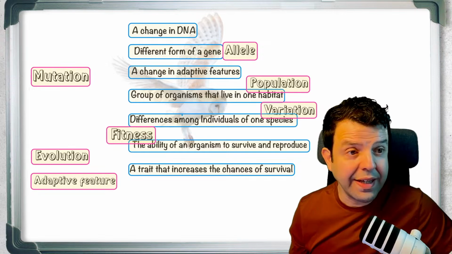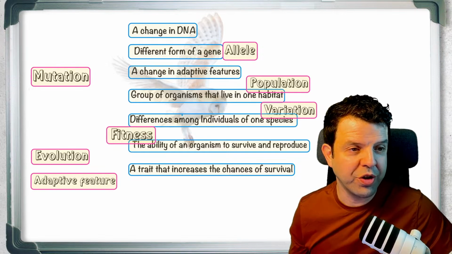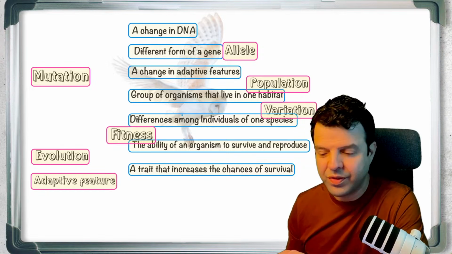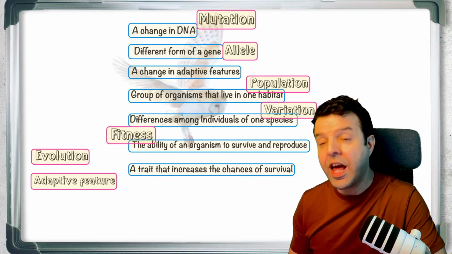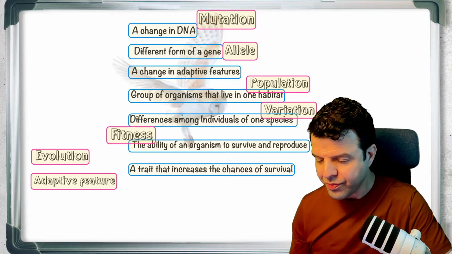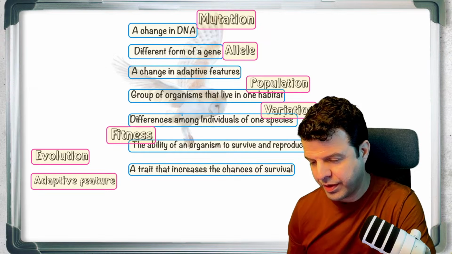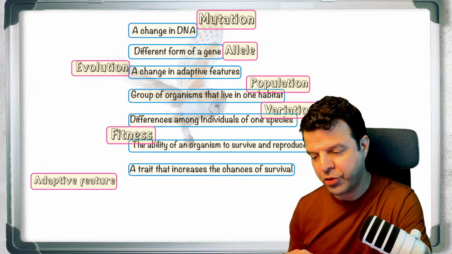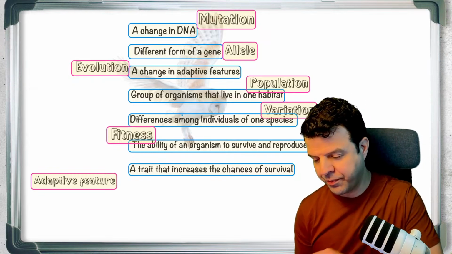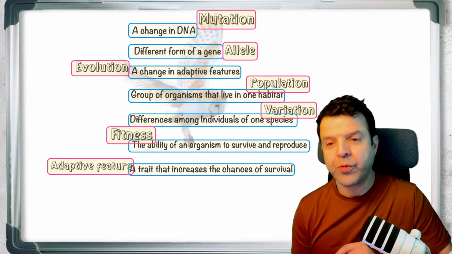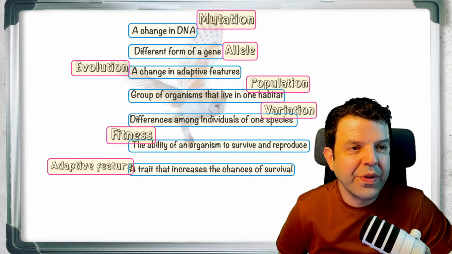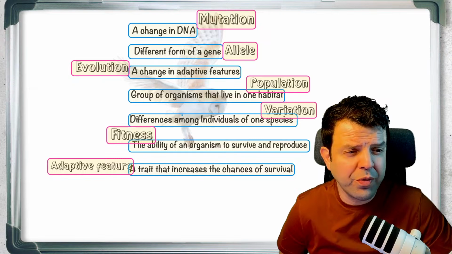And what was the definition of a mutation? Change in DNA. Evolution is what then? A change in adaptive features. Okay, so it's a change in adaptive features like the long neck over time. Okay, and that's an adaptive feature. Okay, is there any question?